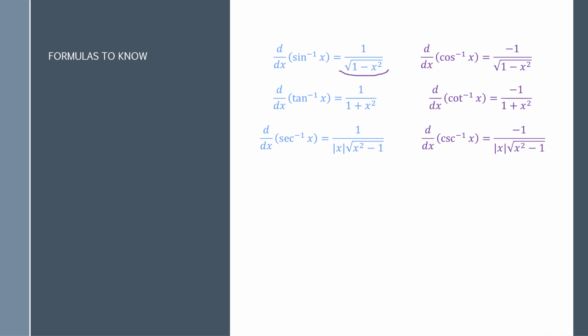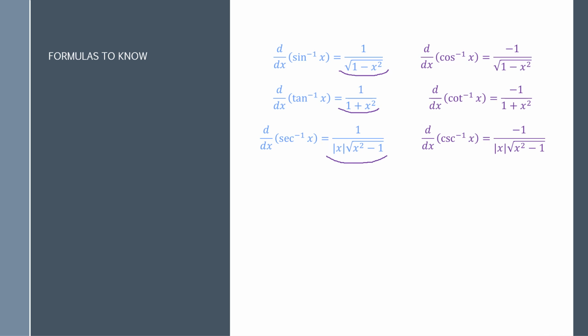And then the derivative of tangent inverse is 1 over 1 plus x squared. And the derivative of secant inverse is going to be 1 over absolute value of x times the square root of x squared minus 1.